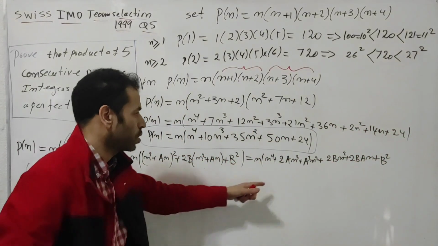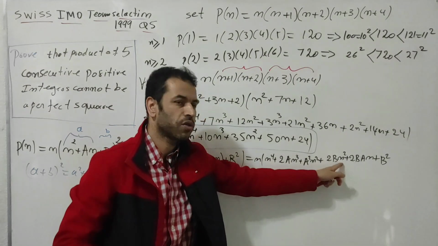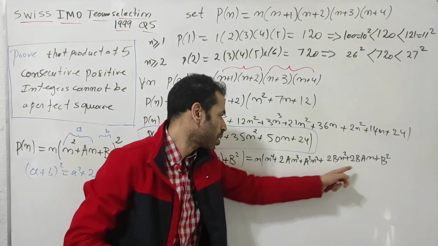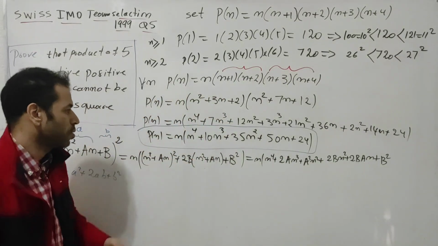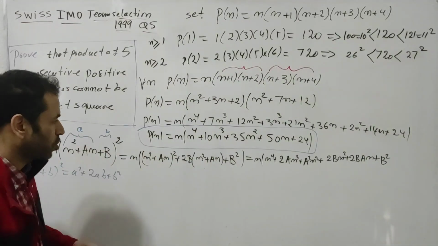Now I'm going to collect whatever the term has n squared and the number has n. I'm going to put them together and match the numbers between the left and the right hand of this equation, okay?